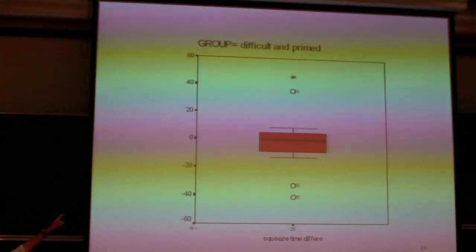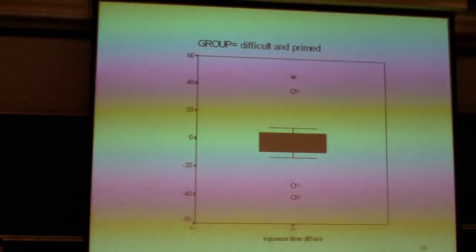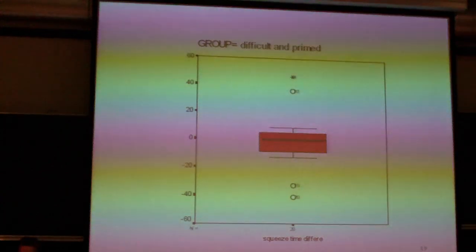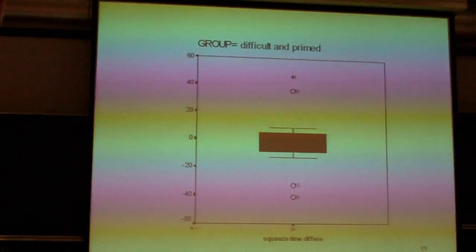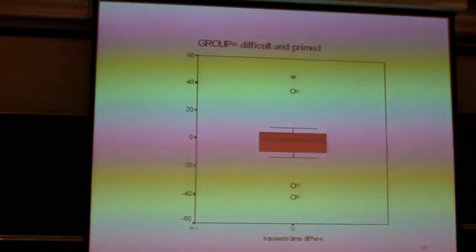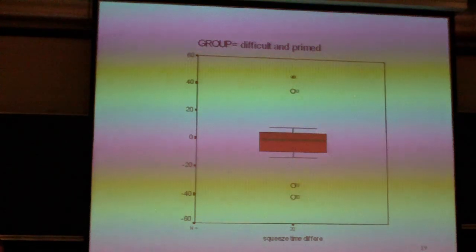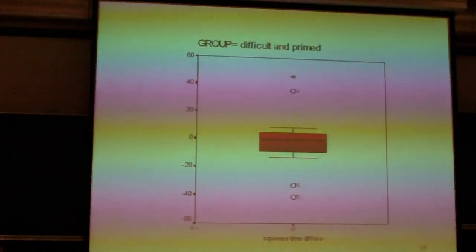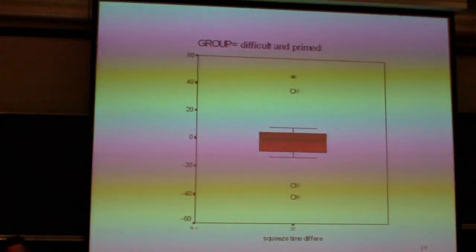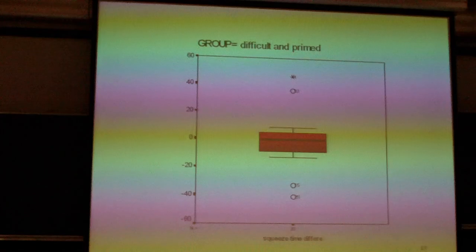We also see a star above, and the star indicates an even stronger outlier. That's an outlier according to the 3 times IQR criterion. So if you see a star, that means that we really have an observation that is conspicuously large or conspicuously small.